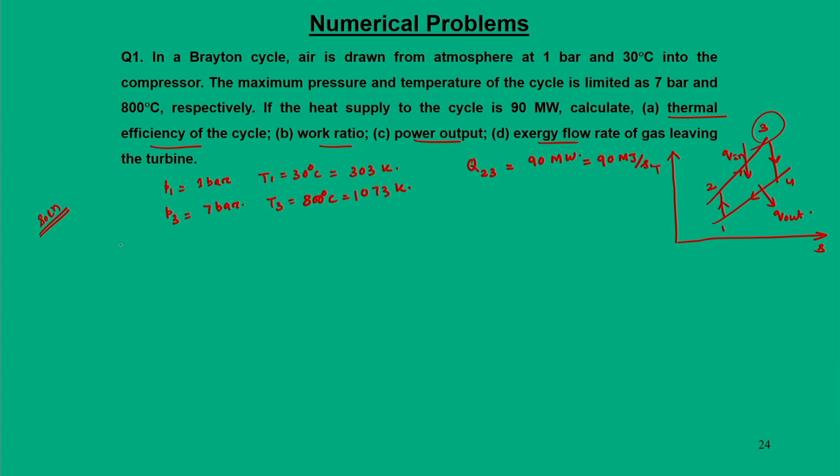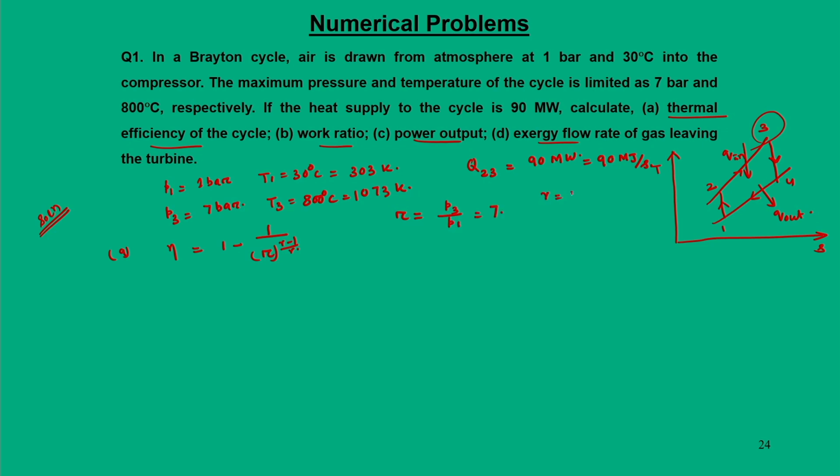To start with, let us recall the first expression, the efficiency of a simple Brayton cycle, that is 1 minus 1 by r to the power (gamma minus 1) by gamma. Here r is given, so we can find r, which is P3 by P1, 7.